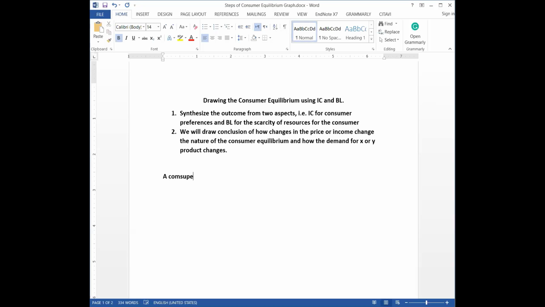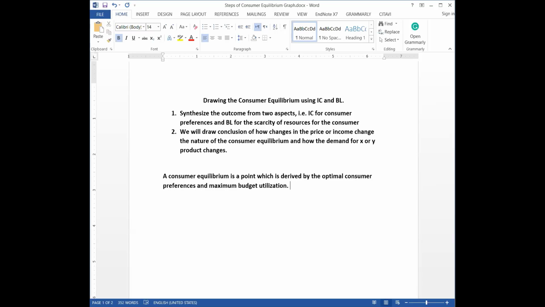So a consumer equilibrium is an interaction between an indifference curve and a budget line. It is a point which is derived by the optimal consumer preferences and maximum budget utilization.